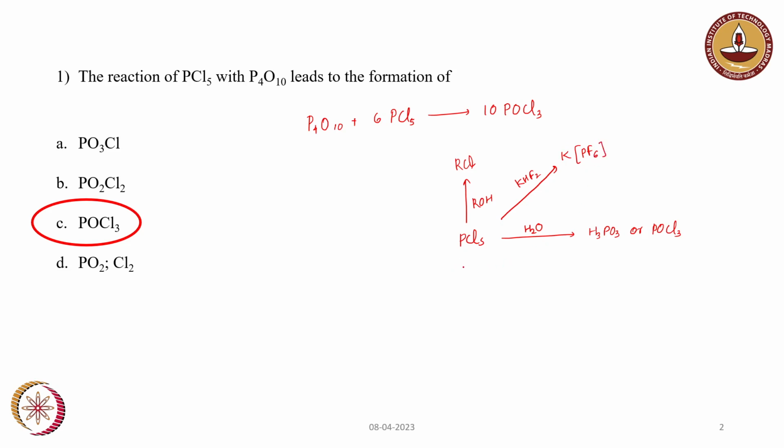And with AsF3, a PCl4 PCl6 complex is formed, cation and anions. AsF3 is a fluorinating agent, so it will form PCl4 cation and PF6 anion. And reaction with NH4Cl will give phosphazenes.